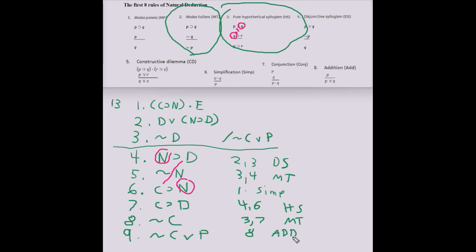So if in the process of solving this, you happened to see that you had the possibility to use the pure hypothetical syllogism, you could use that to do your modus tollens, to get your not C, and then use addition. And maybe you started one and you got all the way to line 10 or 11.